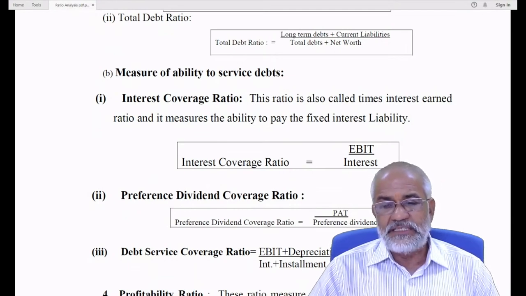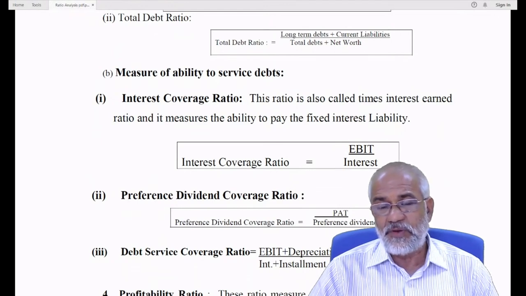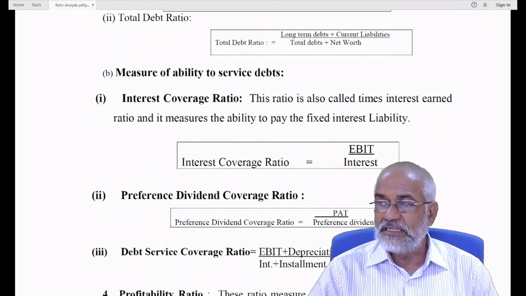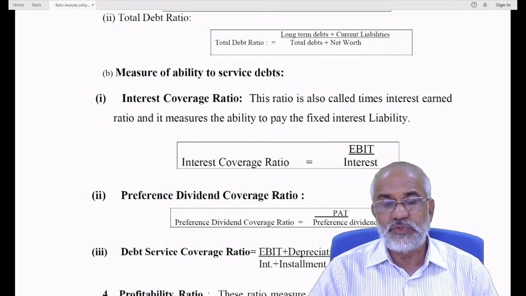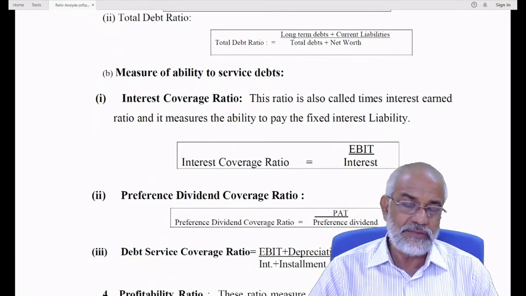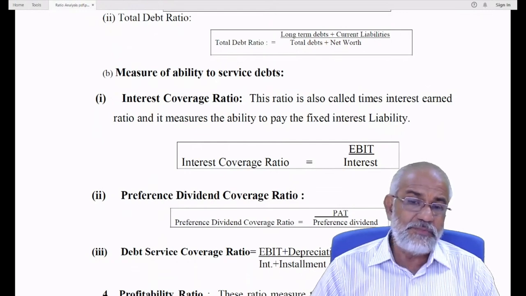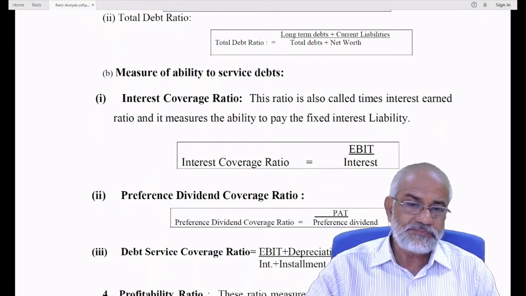To calculate this, profit after tax is divided by the preference dividend. So how many times the profit after tax covers the payment of dividend to the preference shareholders, which is a fixed rate of dividend for all times to come. Profit after tax divided by the preference dividend, that would be the preference dividend coverage ratio.